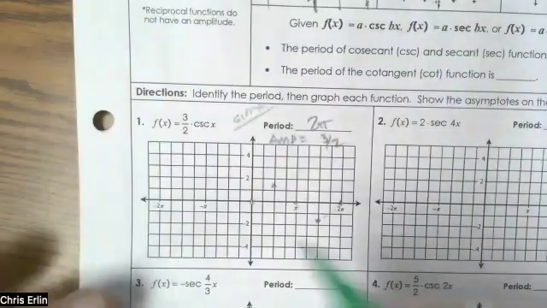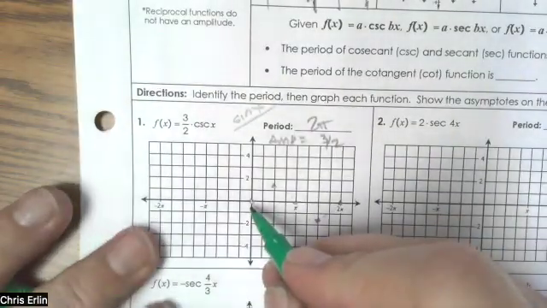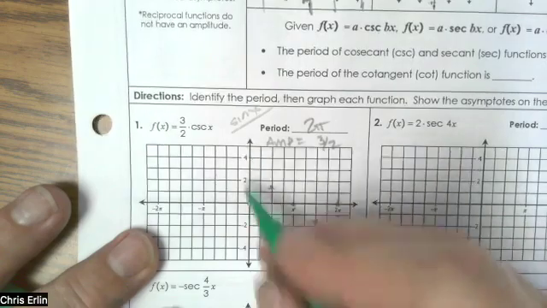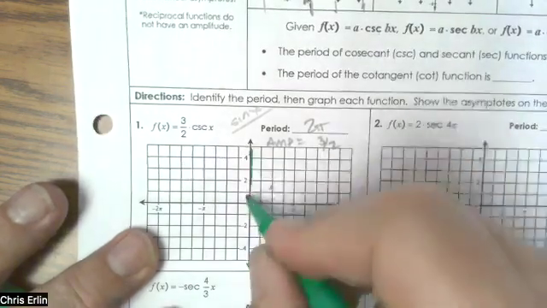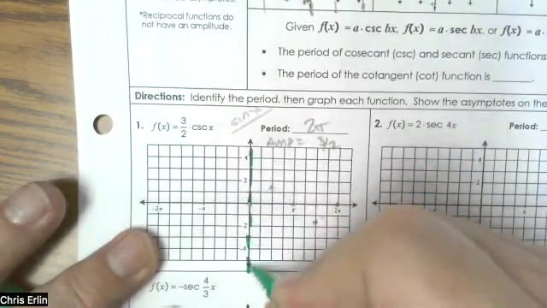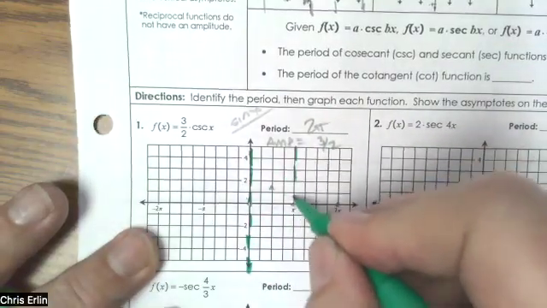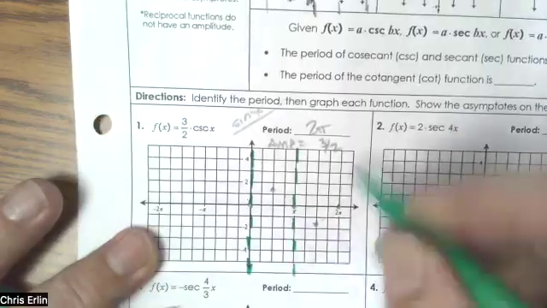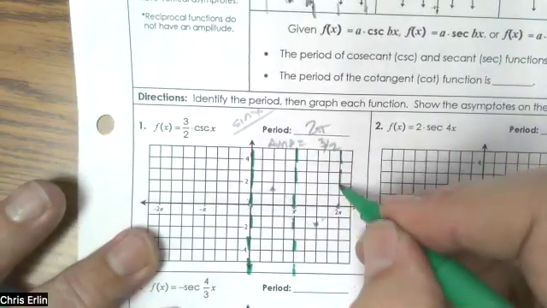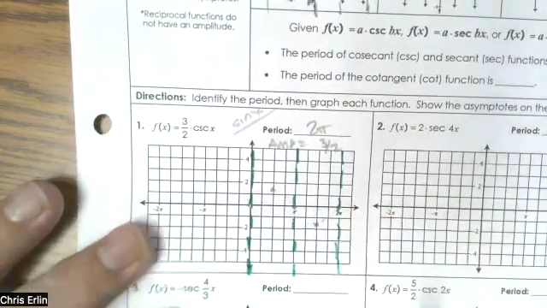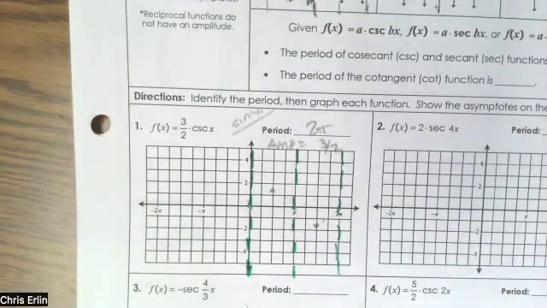For my cosecant curve, what happens at sine equals 0? What's the reciprocal of 0? Undefined. That's a vertical asymptote. At pi, I have another 0, so that's also a vertical asymptote. At 2 pi, I have another 0, so that makes a third vertical asymptote.